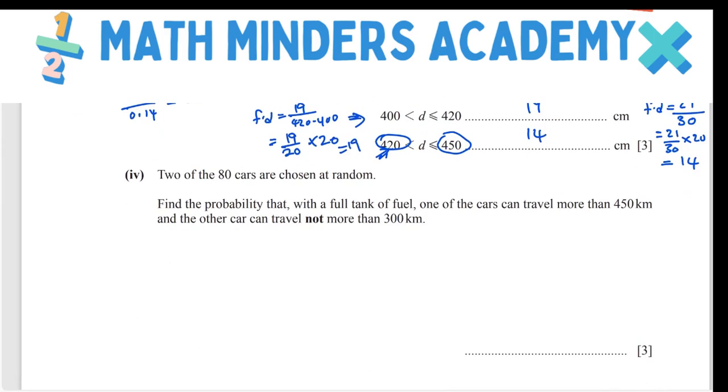Now we take the last question, number 4, that is 4B IV. Here it says 2 of the 80 cars are chosen at random.